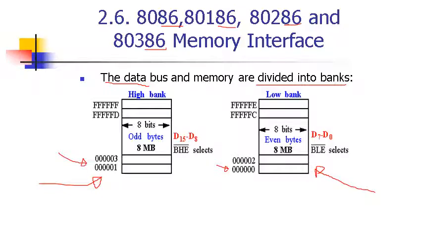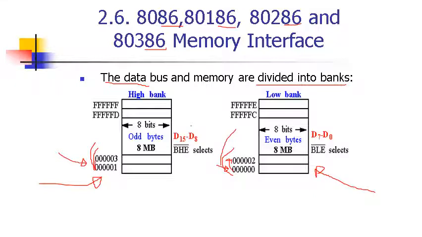The high bank goes through odd addressed memory locations, 1, 3, 5, and so on. Here you go through even addressed memory locations, 0, 2, 4, and so on.